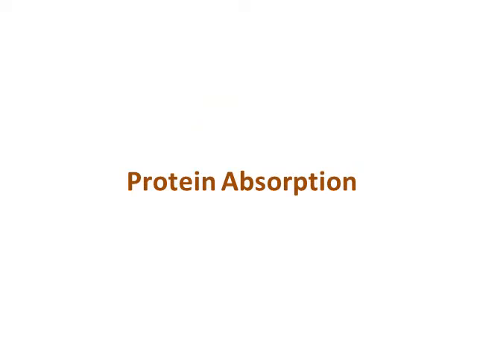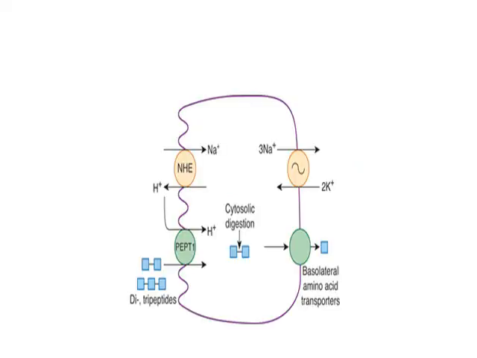Protein absorption. At least 7 different transport systems transport amino acids into the enterocytes. 5 of them are dependent on sodium, as they co-transport amino acids and sodium in a similar fashion to the co-transport of sodium and glucose. 2 of them require chloride ion in addition to the sodium ion.